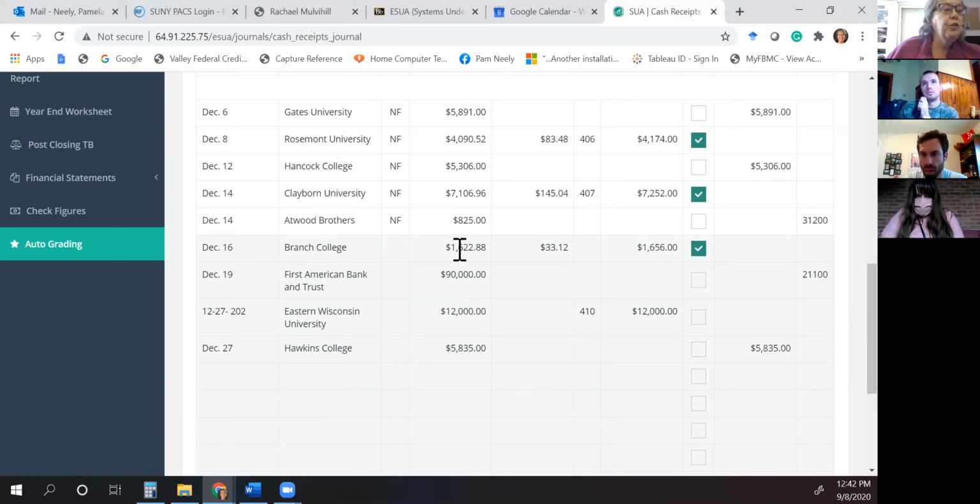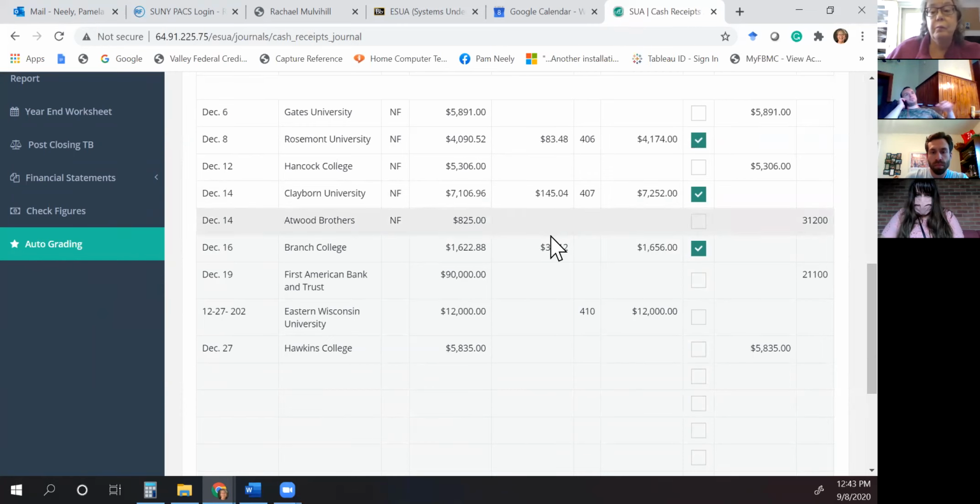You want to record in the cash column the amount that was actually deposited, but in the accounts receivable column the full amount of the invoice, because the difference is their sales discount, which they were entitled to. You want to show the full amount of the invoice because it has in fact been paid in full.